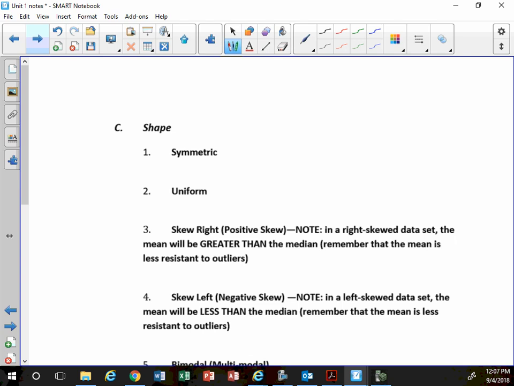All right, shape. So just a couple notes at the top here, some things that you are looking for. You're looking for major peaks, not minor ups and downs.